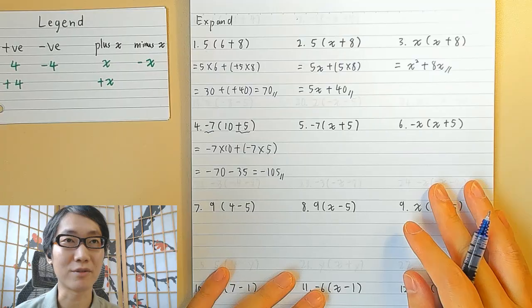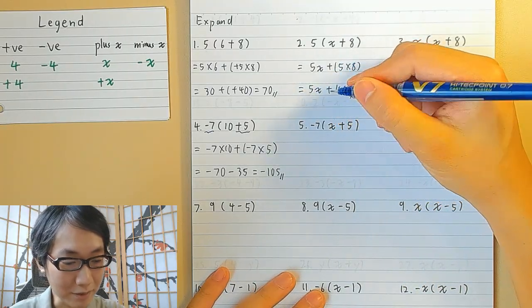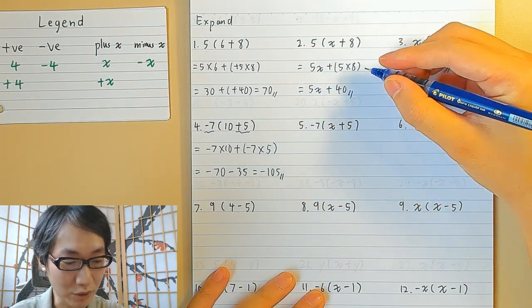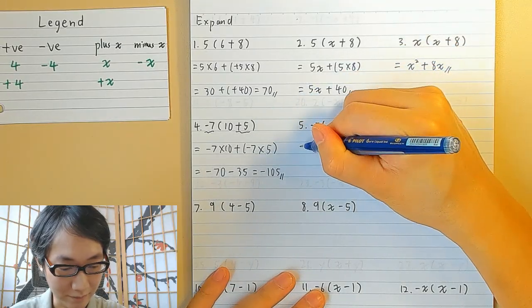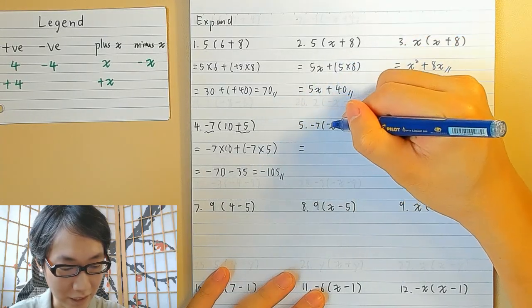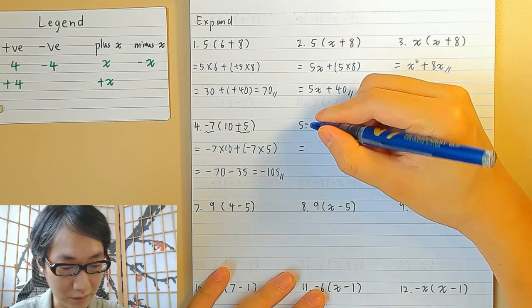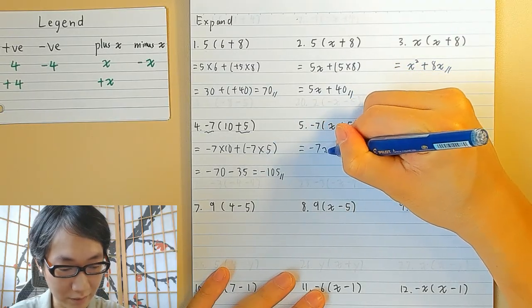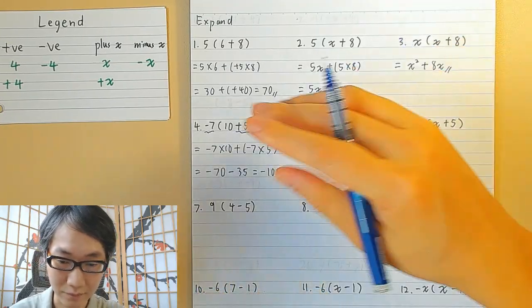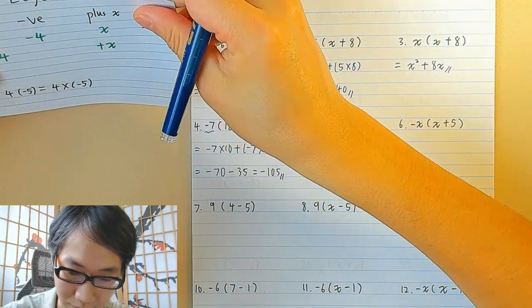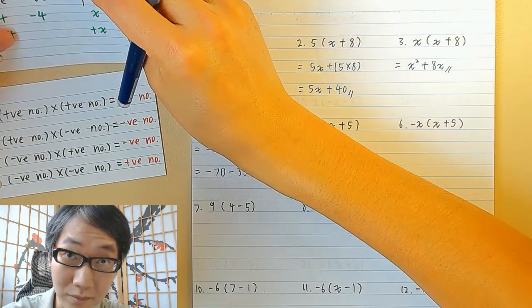And number 5. Negative 7 times x plus 5. So we have negative 7 times plus x, which is negative 7x. Negative times plus gives a negative, like here.